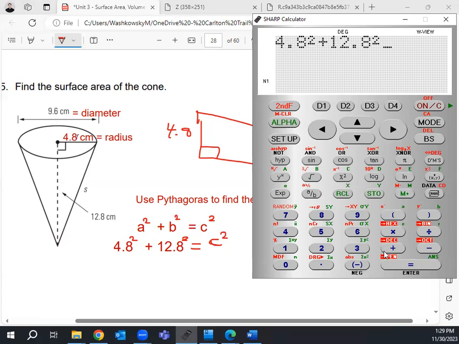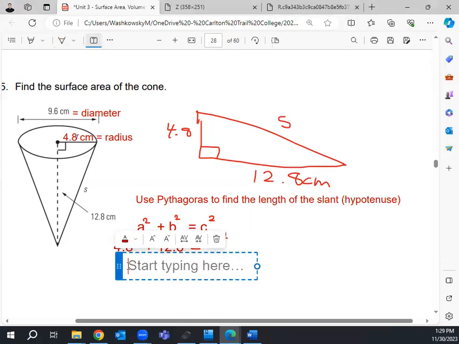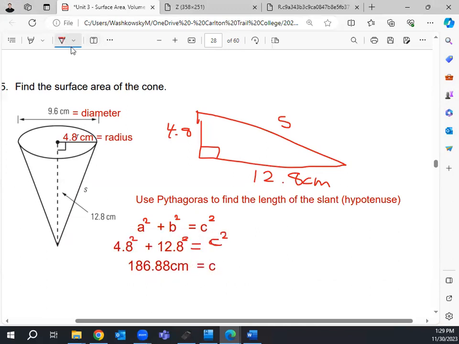You just punch it in exactly as you see it. Your calculator will do the heavy work for you. So 186.88 centimeters squared is equal to C squared.